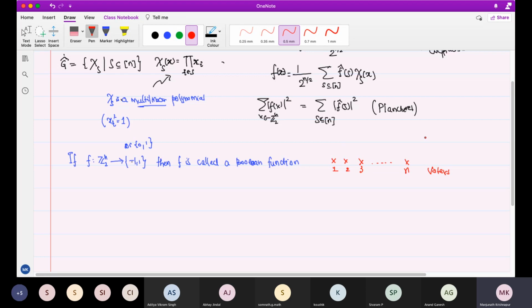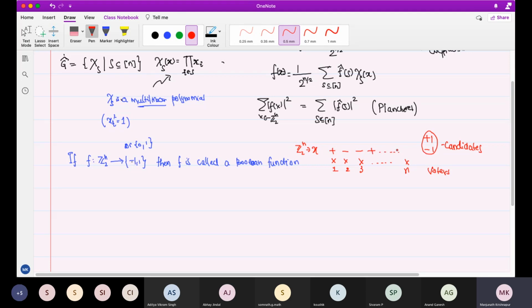So +1 and -1 are two candidates who are standing for an election. So if I take an x in Z2 to the n, it will have either, just writing plus for +1 and minus for -1, plus, minus, minus, plus, plus.